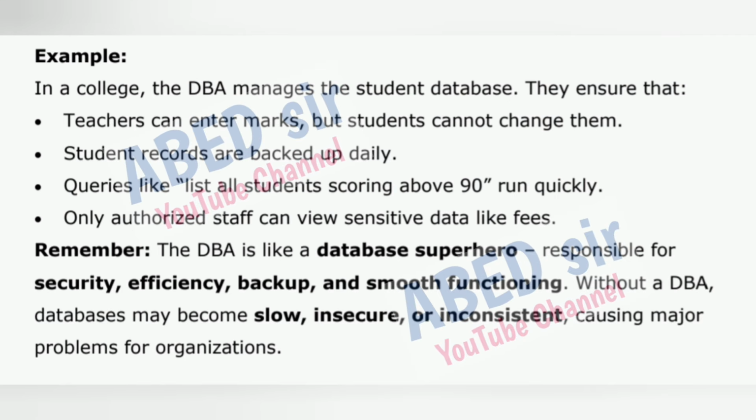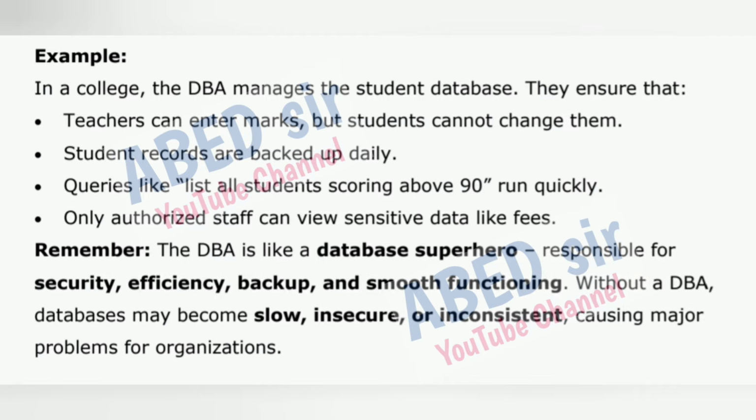Example. In a college, the DBA manages the student database. They ensure that teachers can enter marks, but students cannot change them. Student records are backed up daily. Queries like list all students scoring above 90 run quickly.